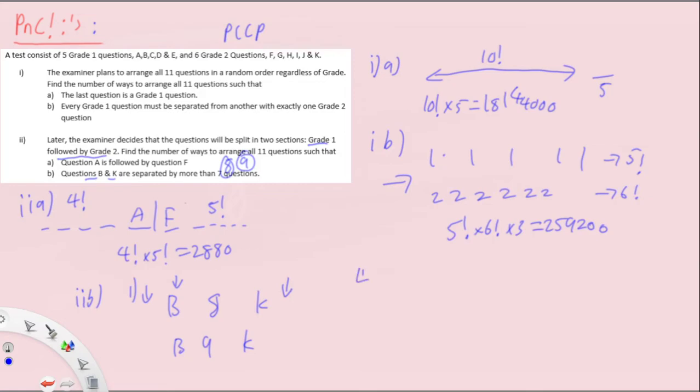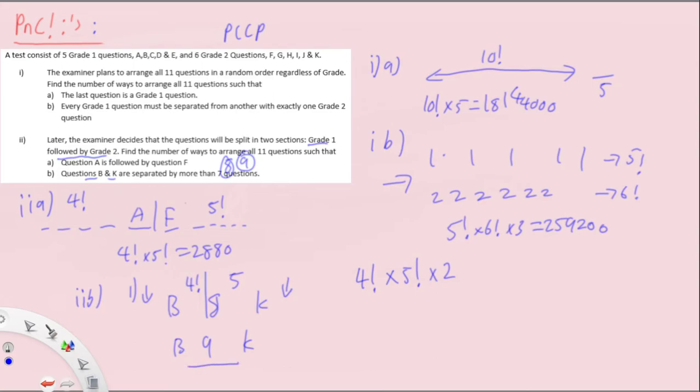For the first case it is 4 factorial times 5 factorial times 2. There are 2 cases anyway. We arrange the first 5 grade 1 questions, excluding B, so there are only 4 left, and then grade 2 has 5 remaining questions, so 5 factorial, then times 2.